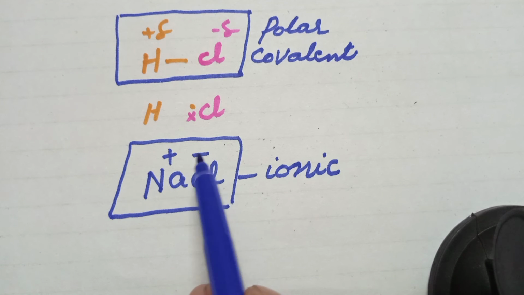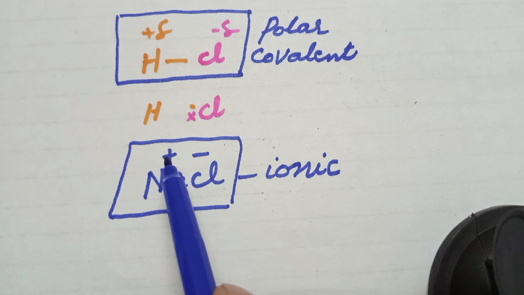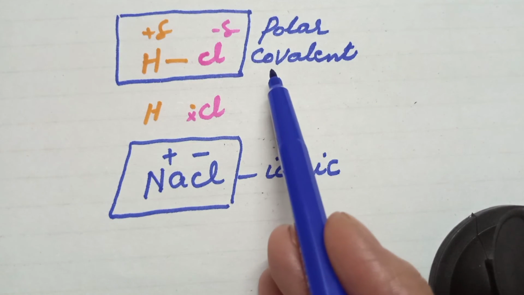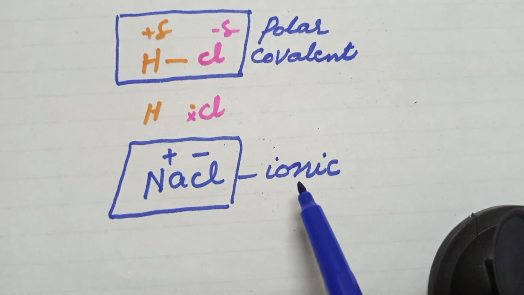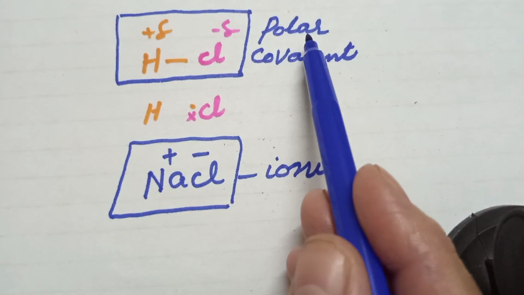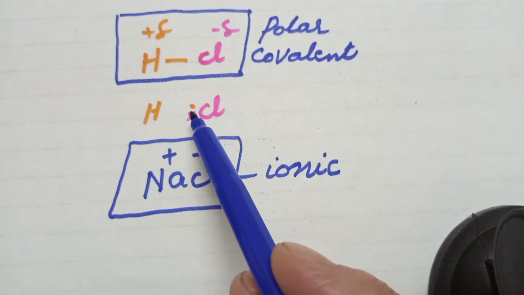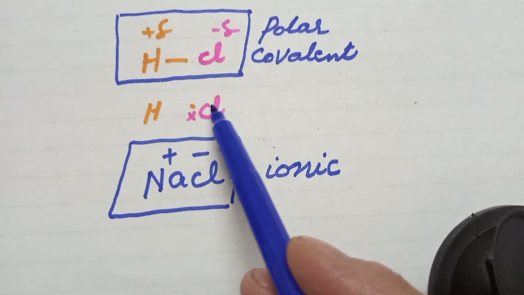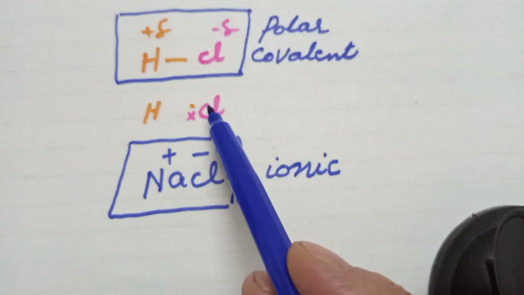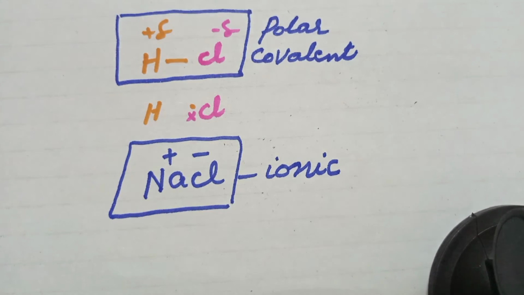So here the negative and the positive charges are produced, but this polar covalent bond is different from this ionic bond because in polar covalent molecule the shared pair of electrons is only shifted towards one atom. Here the electron is not completely transferred to this atom.